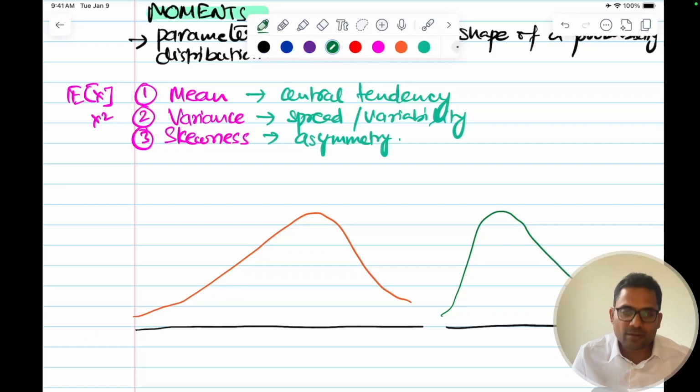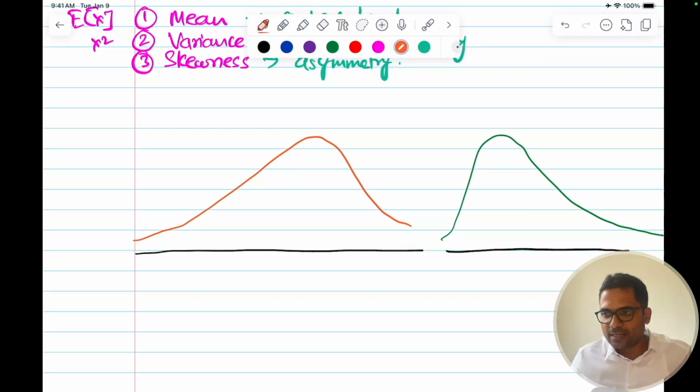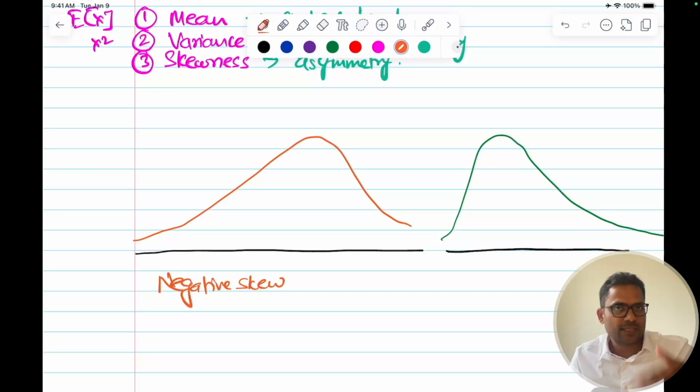So this is called, I'm giving you some more information just to know, we'll dive deeper. This left side is called negative skew, because the skew is towards negative direction, the left side is negative side, right?